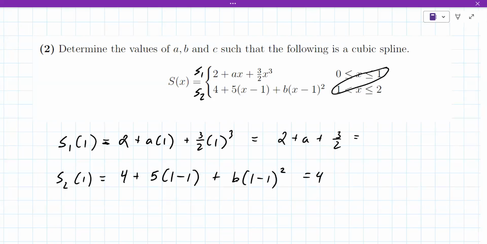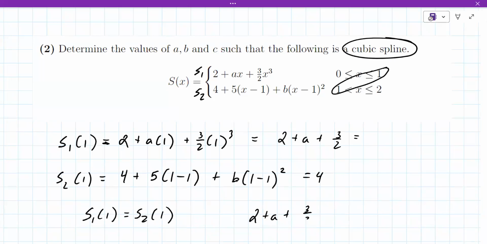It becomes just 4. Now, for it to be a cubic spline, you have to set S1 of 1 equal to S2 of 1. So you're setting 2 plus A plus 3 over 2 equal to 4. The reason it's 1, and this is important, is because 1 is that endpoint.